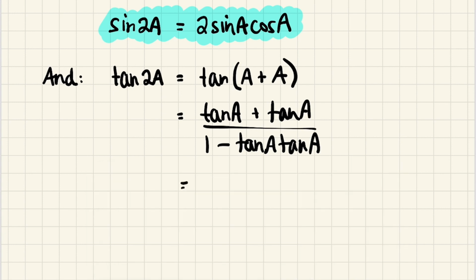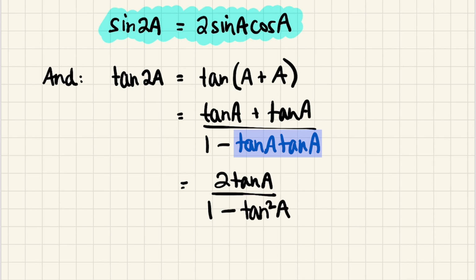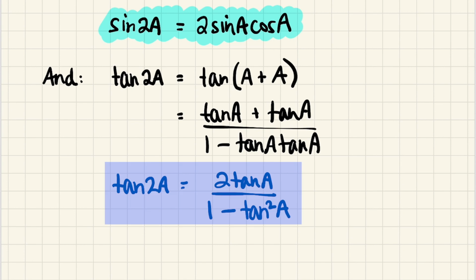So again, all the angles here are a, which makes it a lot easier to reduce. So we have tan a plus tan a. Well, that would be 2 times tangent of a over 1 minus tangent of a times tangent of a, tangent squared a. And that is the double angle identity for tangent.